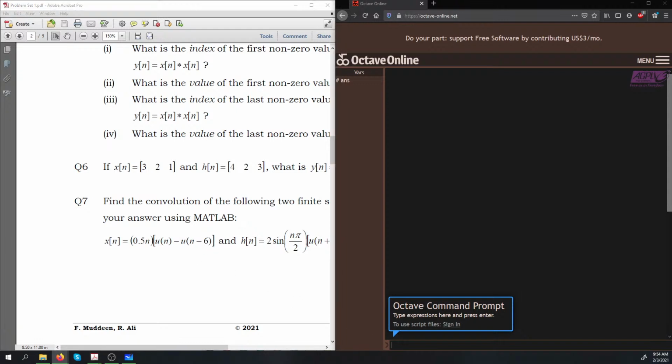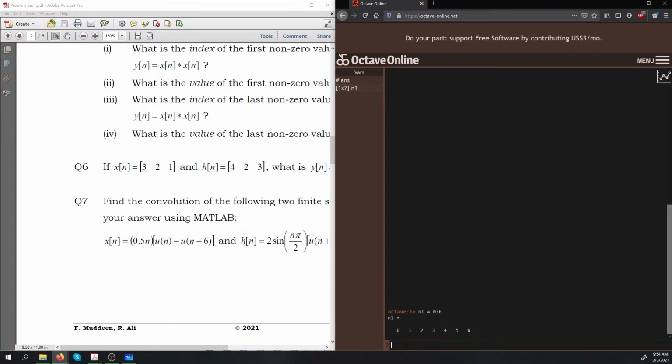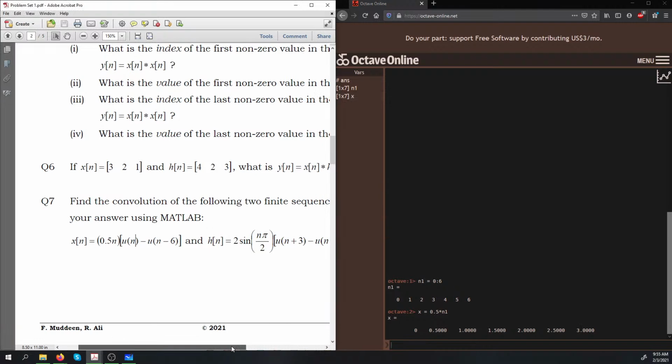I'm going to call this n1, going from 0 to 6, so we get 0, 1, 2, 3, 4, 5, 6. And then I'm going to say x is equal to 0.5 to the power n1. So this gives us our x vector.